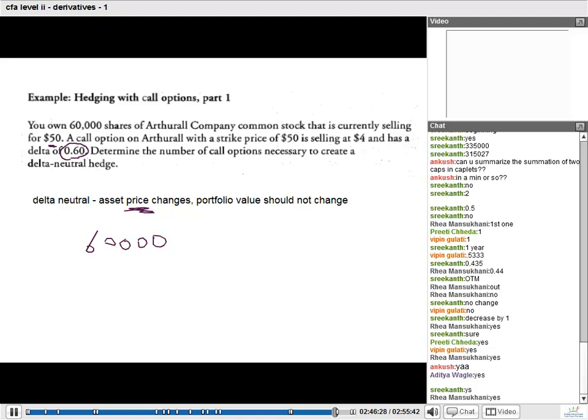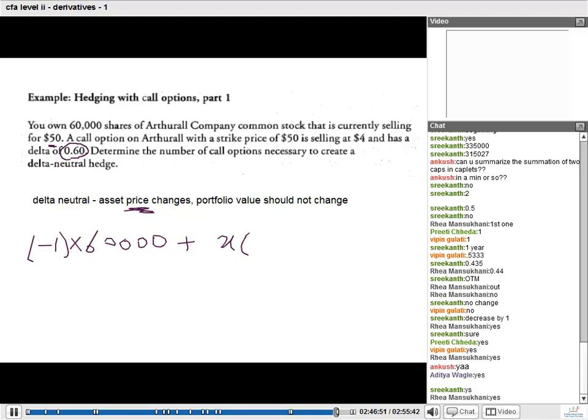So let's say I also buy X call options. So along with the 60,000 shares, buy X call options also. As the stock price falls by $1, the value of this portfolio will fall by 60,000.